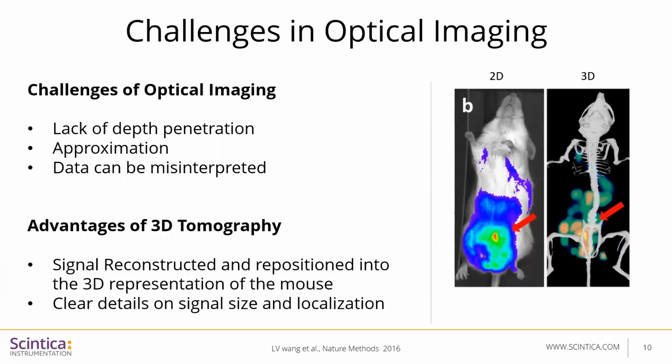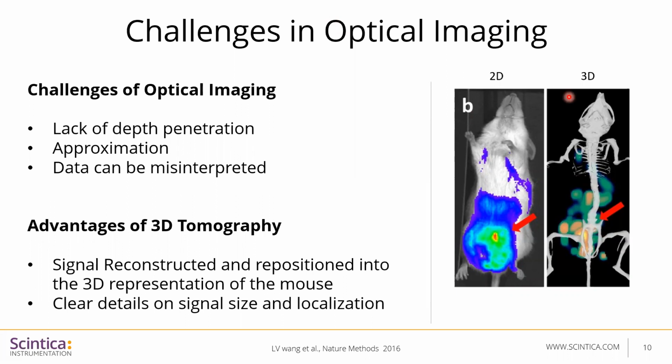Besides lack of depth penetration, there are various challenges of optical imaging, such as approximation and misinterpretation of the data. As you can see here, this is a two-dimensional image, whereas on the rightmost, you can see the three-dimensional image of the mouse.